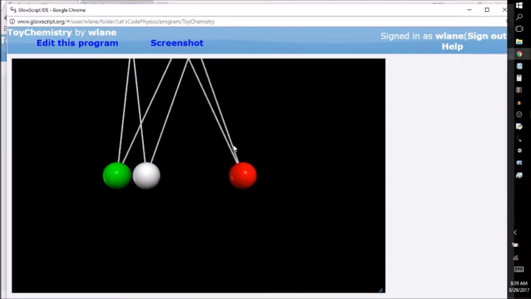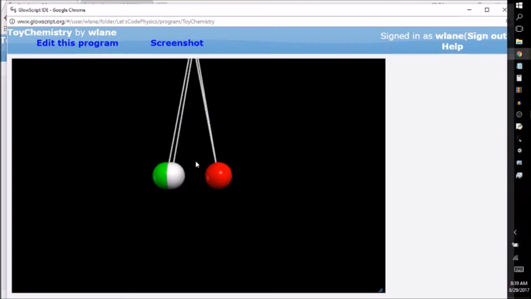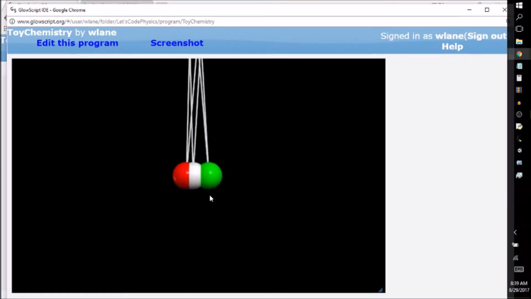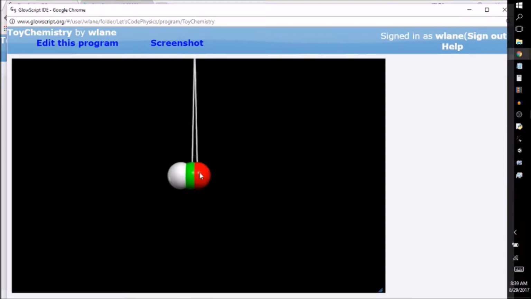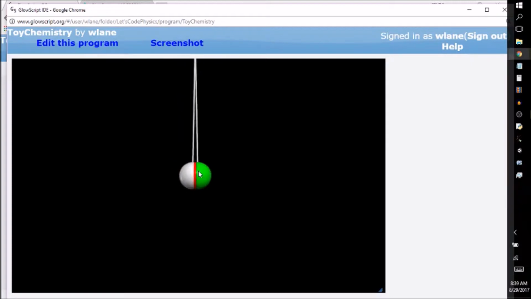Cool, so we're getting our bonds turning off and on pretty consistently, it looks like. Which is suggesting to me that yes, I probably do need to make that a different transition rate from one to the other.